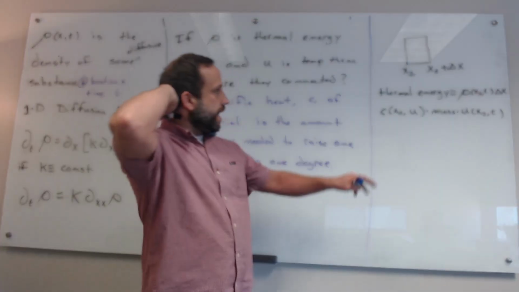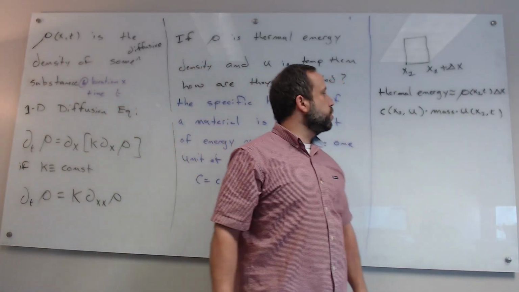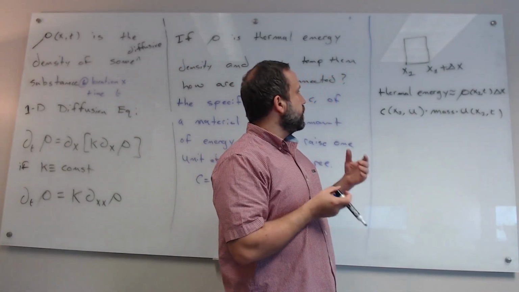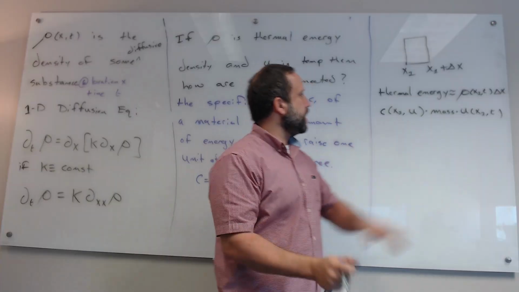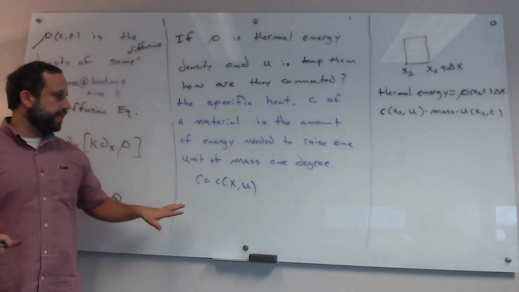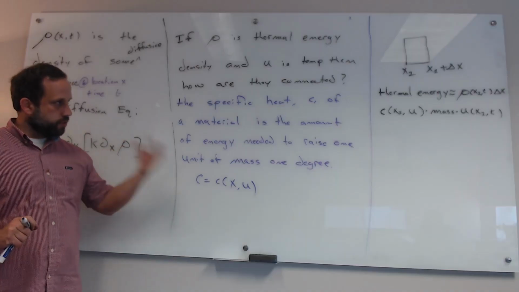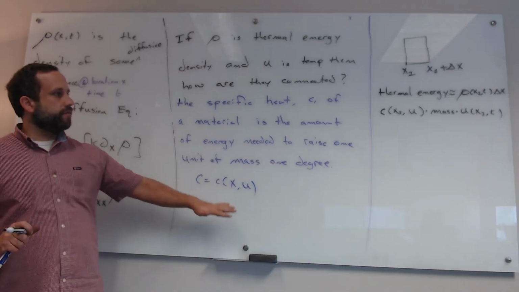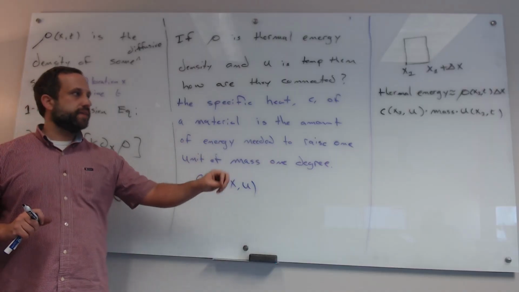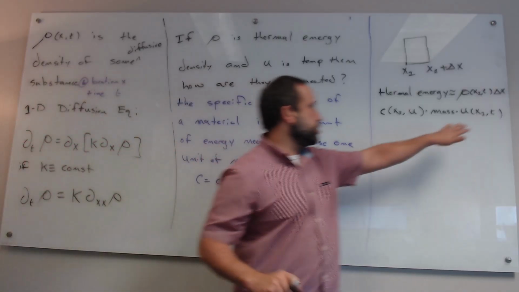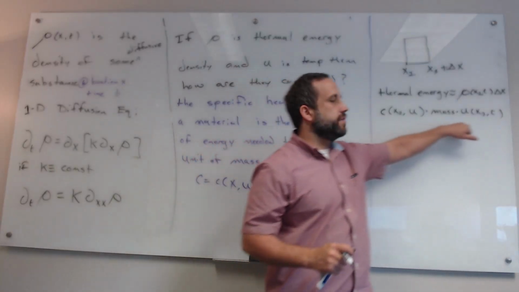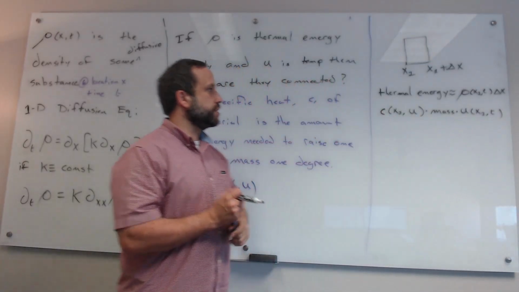Because specific heat is the amount of energy needed to raise 1 unit of mass 1 degree, and we know it's at u degrees, this expression is going to be the amount of thermal energy in that section of the rod.